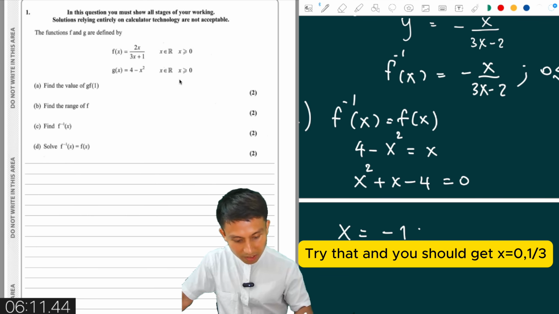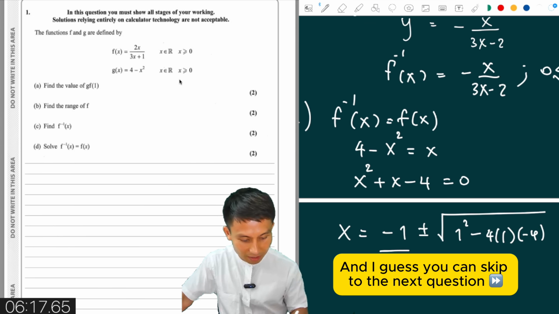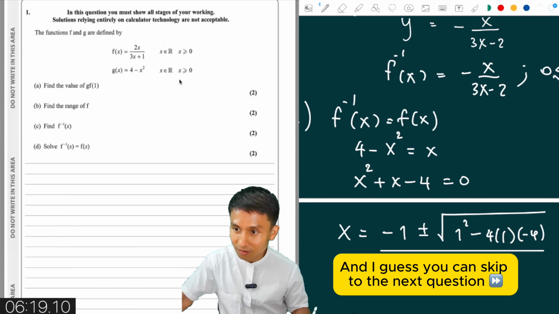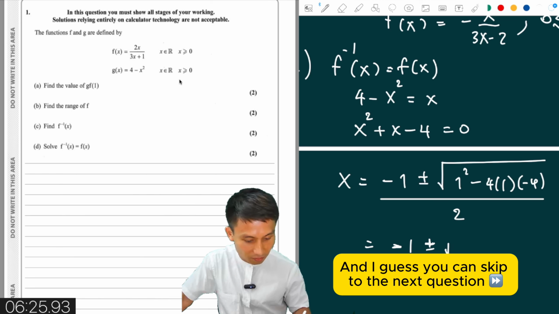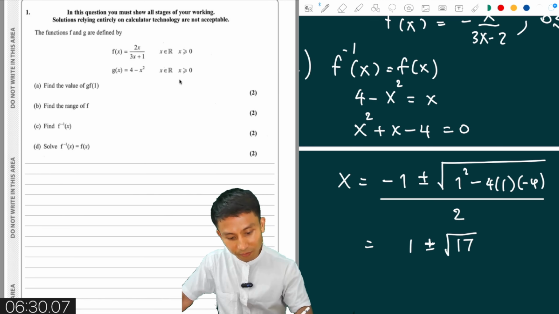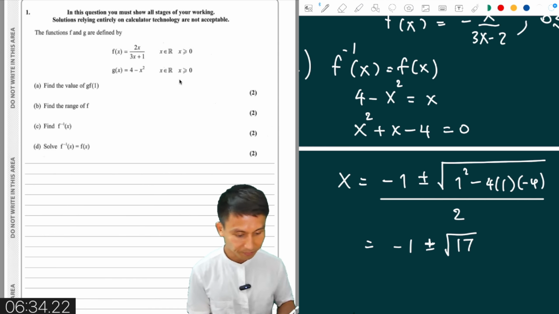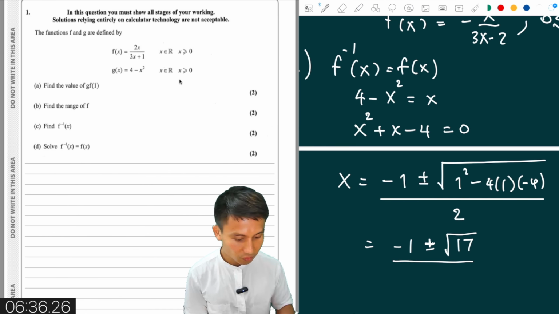So minus b plus or minus the square root of b squared minus 4ac, like that. Actually, I don't need a calculator now. Seems like I've got everything. So minus 1 plus or minus, inside the square root, it's root 17. Because you have to write the working anyway, so if the numbers are not too bad to substitute, you can just do that, over 2.